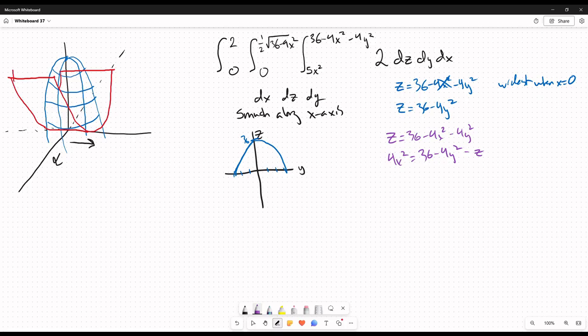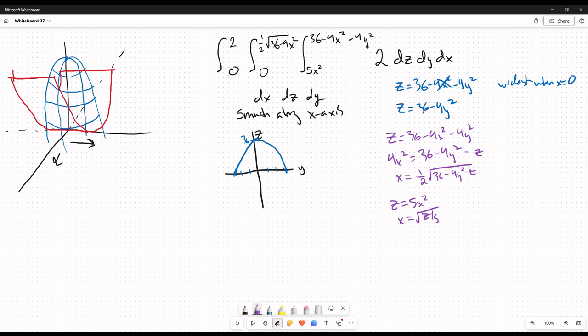Square root both sides, divide by 2. If I only keep the positive value, we'll get x equals 1/2 square root of 36 minus 4y squared minus z. The other function is z equals 5x squared. Solve that for x, and we'll get x equals square root of z over 5.